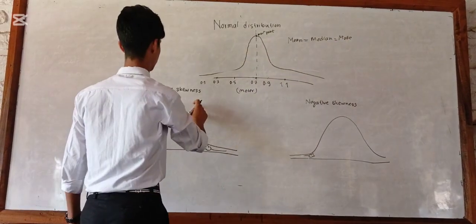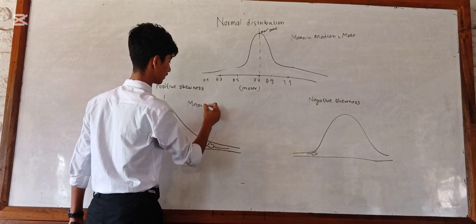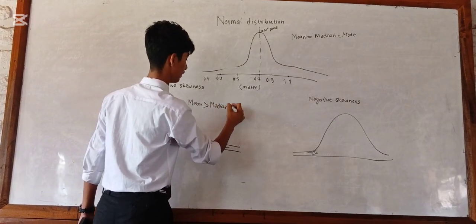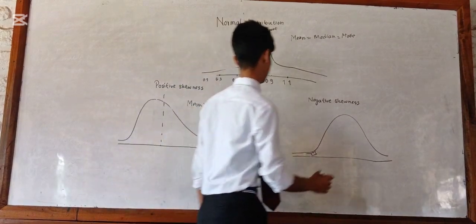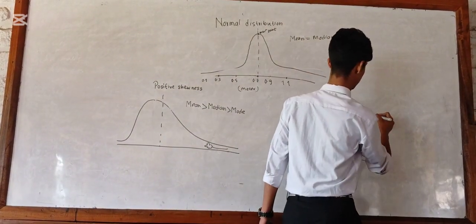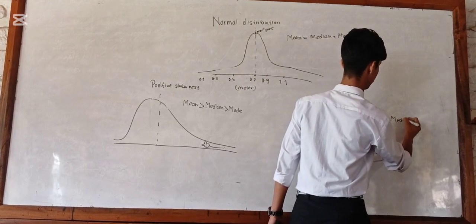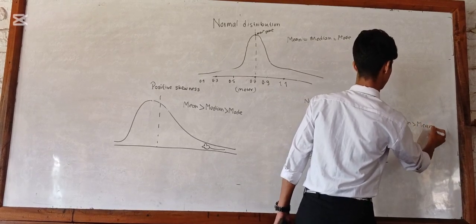And in positive skewness, always mean is greater than median and median is greater than mode. And in negative skewness, mode is greater than median and median is greater than mean.